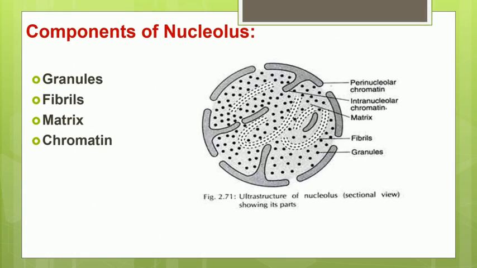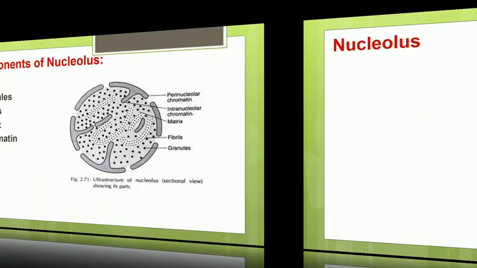Now the components of the nucleolus are granules, fibrils, matrix and chromatin. So in this picture we can see the nucleolus ultrastructure. Inside that we can see these fibril and granule-like structures.